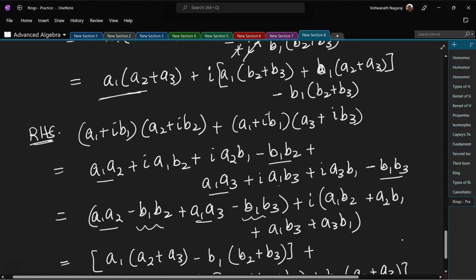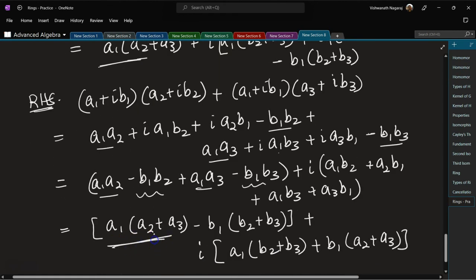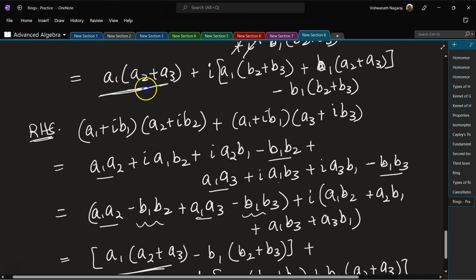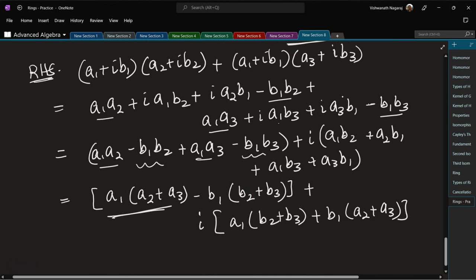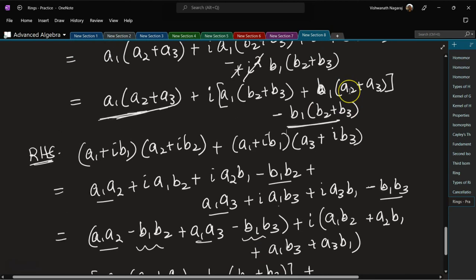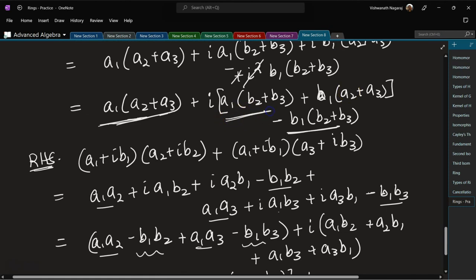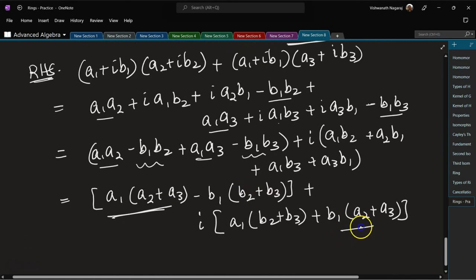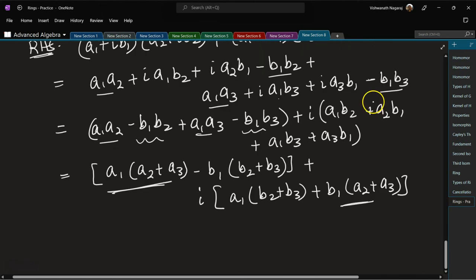Now, if you do the comparison, a1 times a2 plus a3, a1 times a2 plus a3, minus b1 times b2 plus b3, minus b1 times b2 plus b3, i times a1 times b2 plus b3 and b1 times a2 plus a3. So, therefore, distribution of multiplication over addition is satisfied.